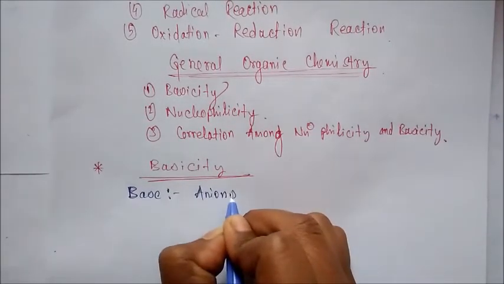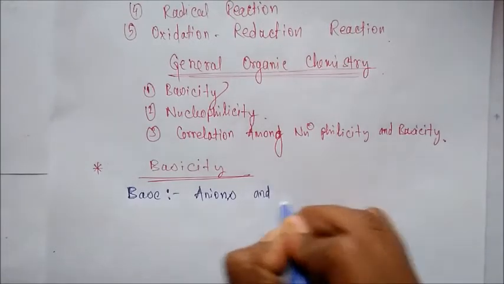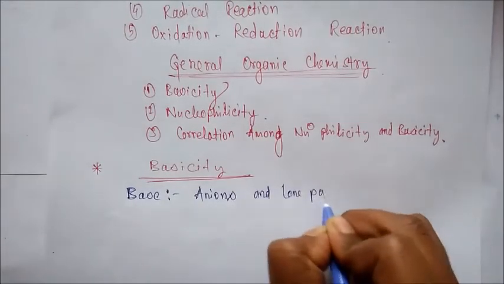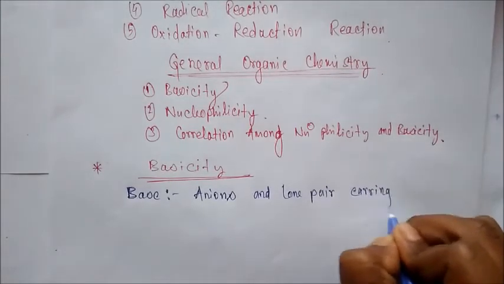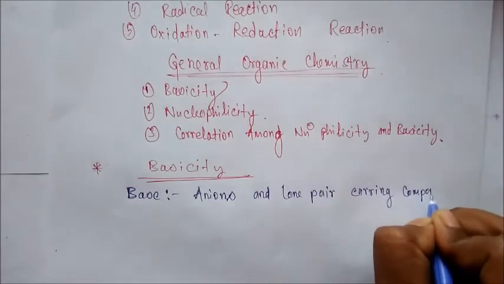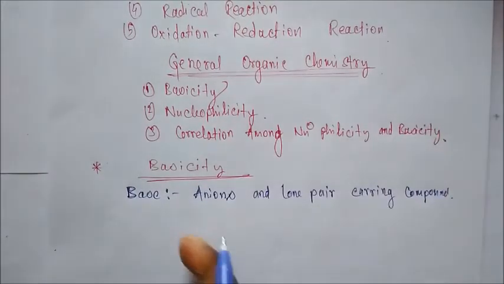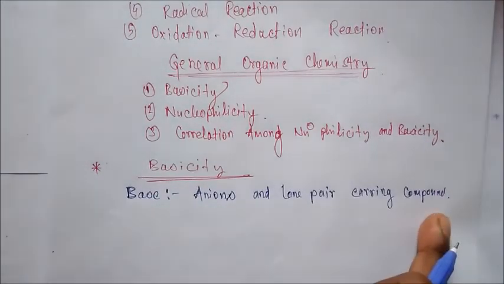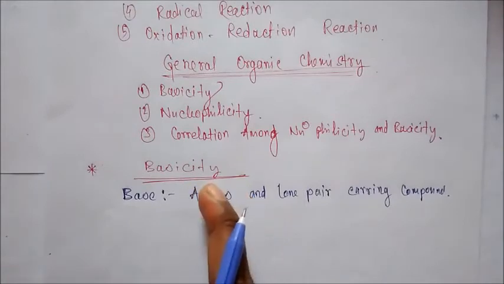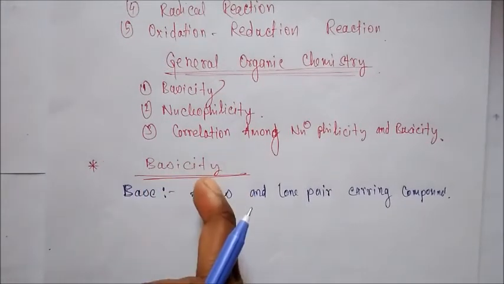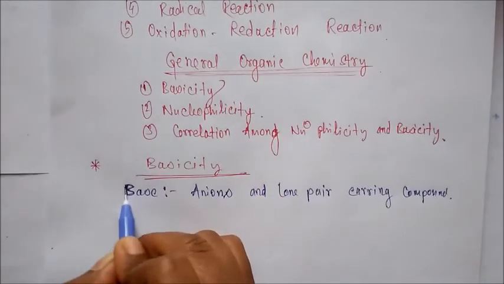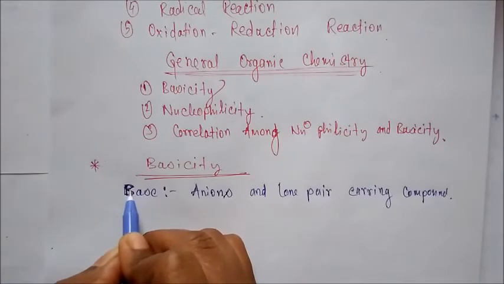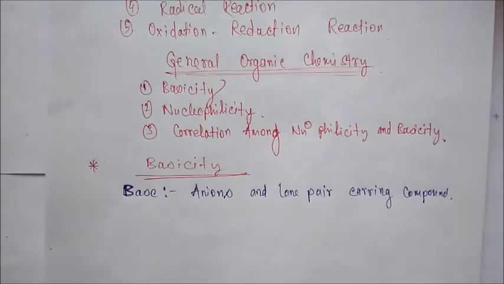All the anions are the base, and lone pair carrying compounds. Okay, so base is the anions or lone pair carrying compound. So the term basicity is the ability to donate its electron. So greater the ability of base to donate electron, greater is the basicity.